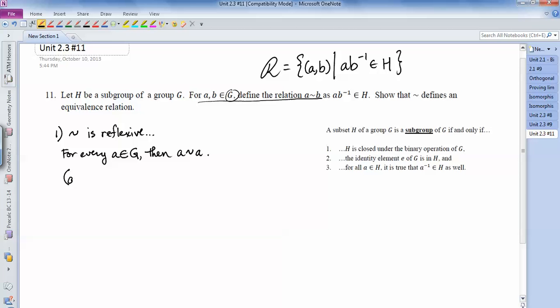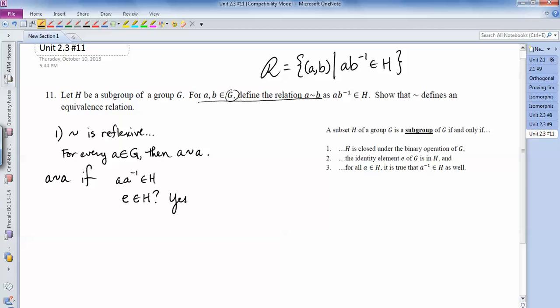Well, let's ask ourselves this. A is related to itself if A times A inverse is in H, right? Any A that I pick in G times its inverse is E, right? Well, is E in H?